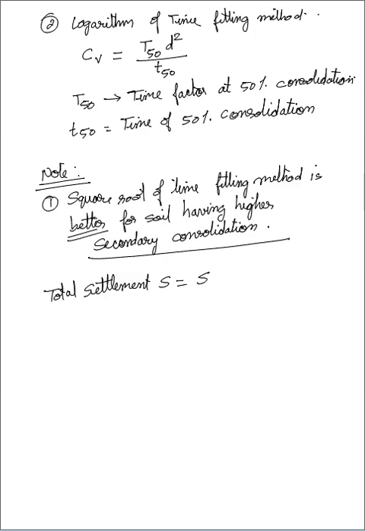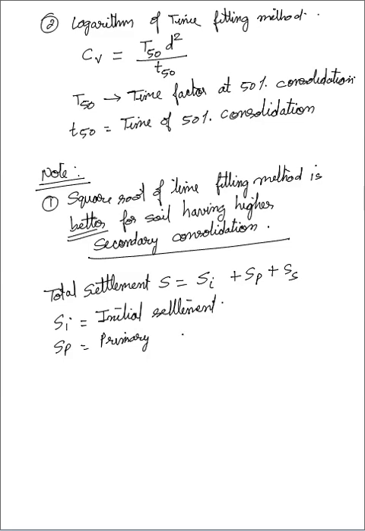So I will write SI plus SP plus SS. SI is the initial settlement, SP is primary, and SS is secondary settlement.